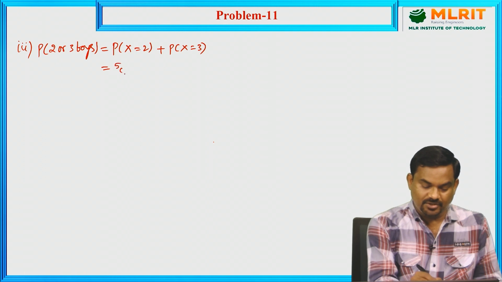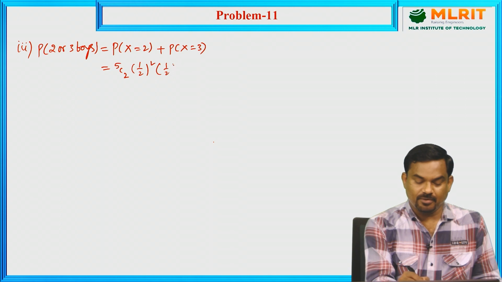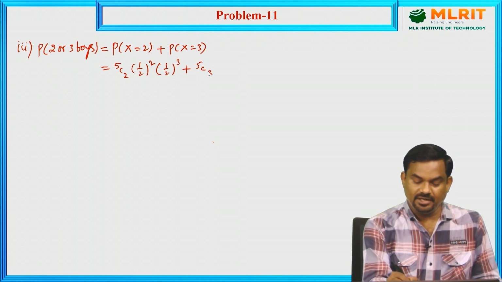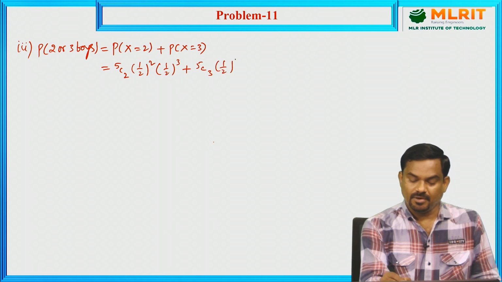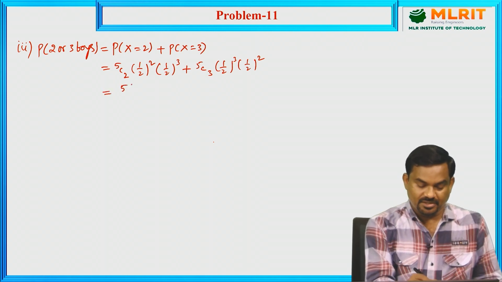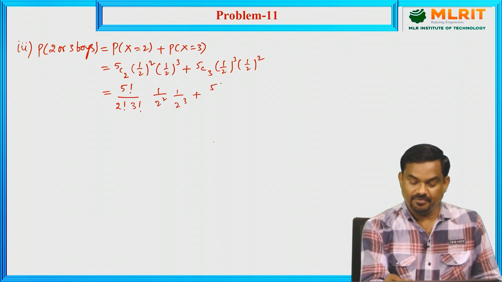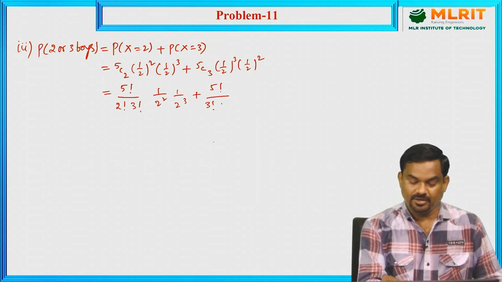So 5c2 into 1 by 2 power 2 into 1 by 2 power 5 minus 2 is 3, plus 5c3 into half power 3 into half power 5 minus 3 is 2. So after calculating the values here, this is 5 factorial by 2 factorial into 3 factorial, 1 by 2 square, 1 by 2 power 3, plus 5 factorial by 3 factorial into 2 factorial, 1 by 2 cube into 1 by 2 square.